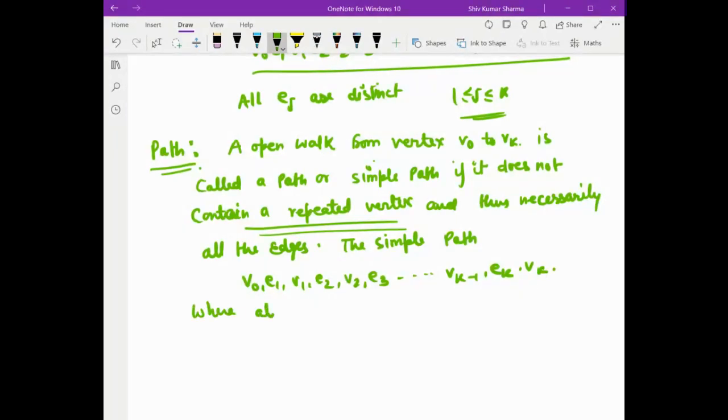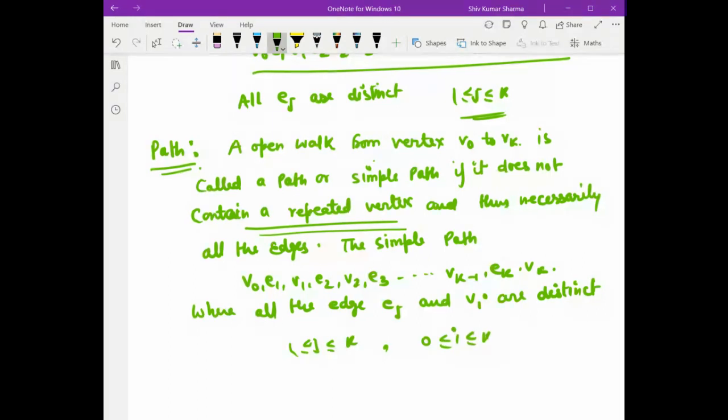Where all the edges Ej and vertices Vi are distinct. This is the restriction in path. So j is defined from 1 to k and i is defined from 0 to k.